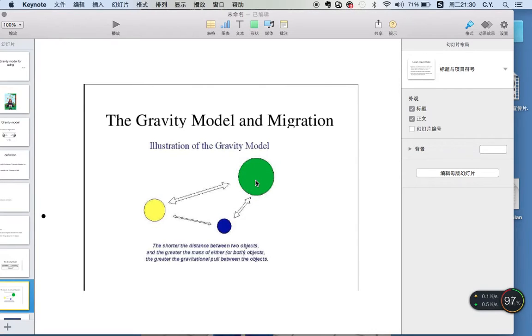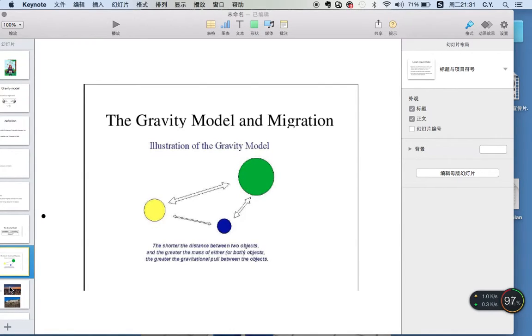The gravity between the green city and the yellow city is almost the same as between the green city and the blue city, because the population is very different but the blue city is closer to the green city.